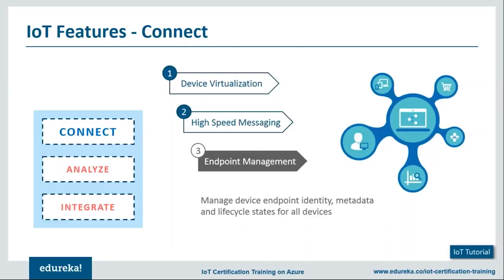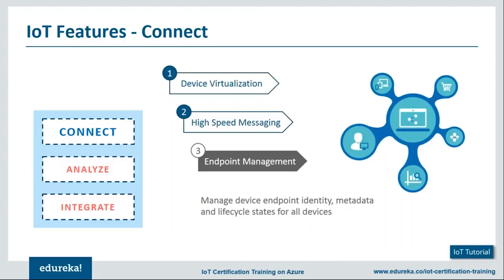This is where endpoint management comes into the picture. Endpoint management basically helps you in managing the device's endpoint identity, the metadata, and the overall life cycle involved with these things. To put it quite simply, it helps you identify from which device which data is coming and what needs to be done with this data as well.